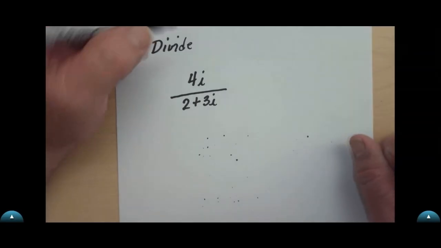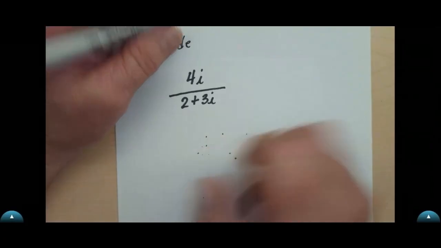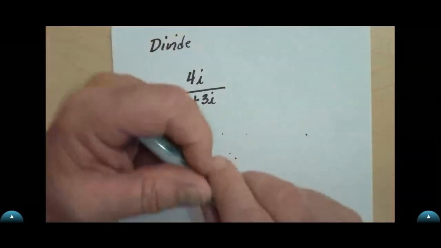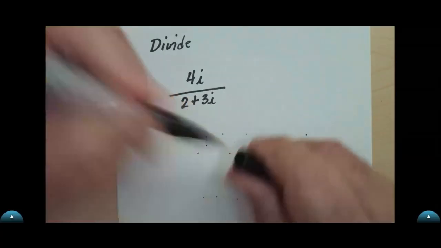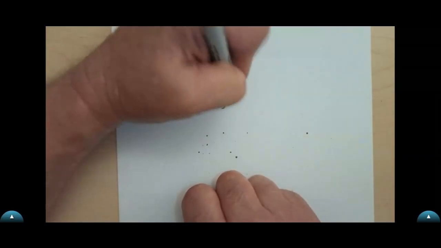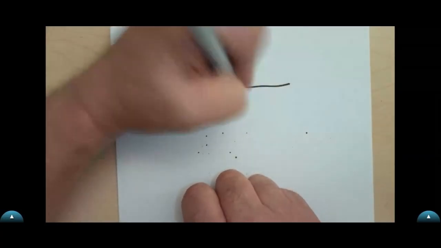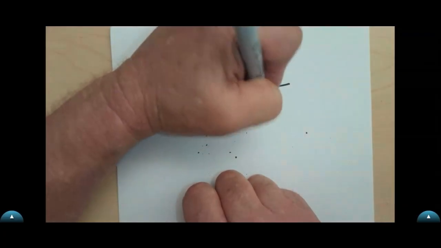Remember, what we want is to write this so that we don't have i in the denominator. And what we did at the very end of class last week gives us a hint as to how we could do that. What if I multiplied this denominator, 2 plus 3i, times its complex conjugate, which is 2 minus 3i?